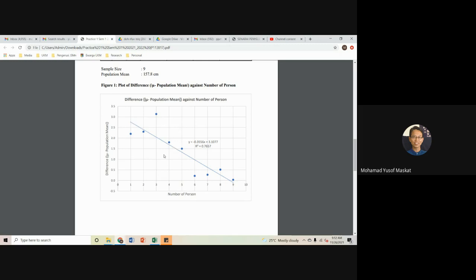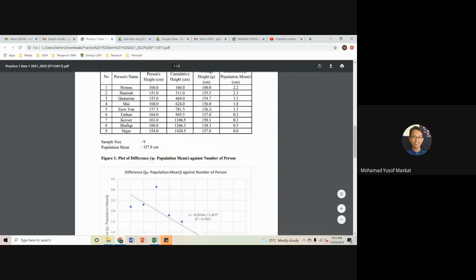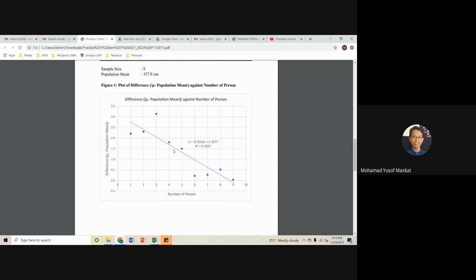So if we look at the overall trend, the more the number of persons, the difference between the estimated mean, which is this average height, the estimated mean of the population, and the actual population mean will decrease.